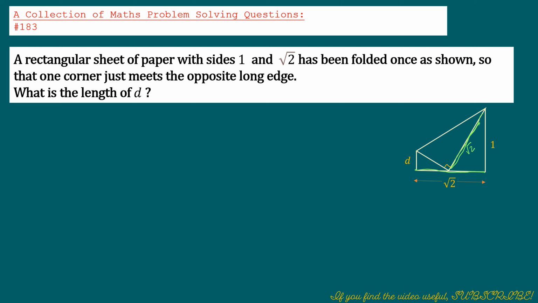If I draw it properly, this one, if I were to name it like X and Y and Z, and this is A and B. And if I draw the paper the way it would look if it was not folded, then you see B would be somewhere here, and this would be X, and this would be Y, this would be Z, and this is A. That is what it is.